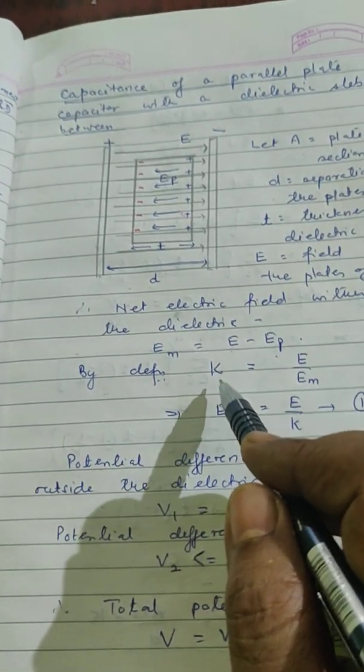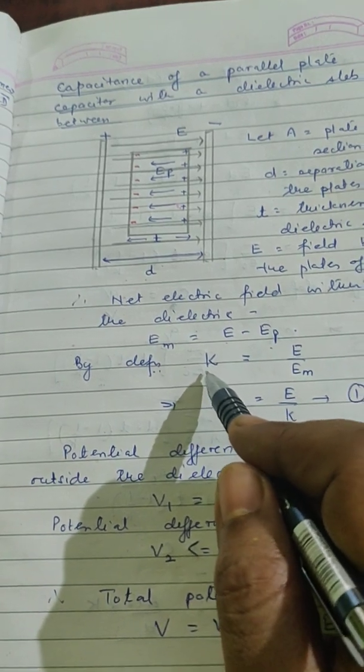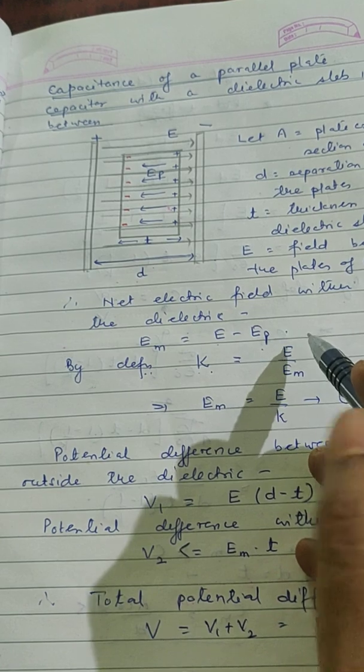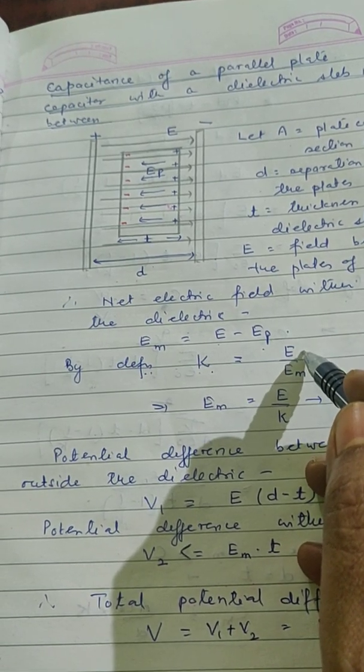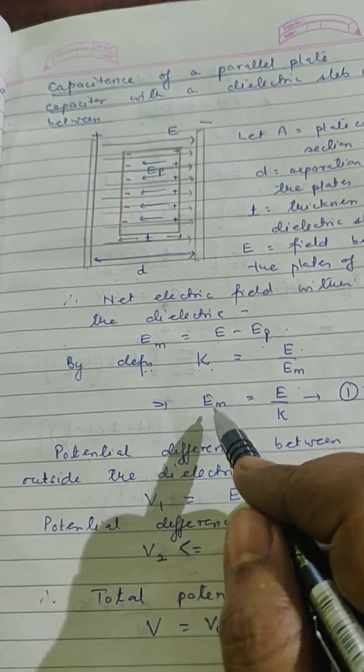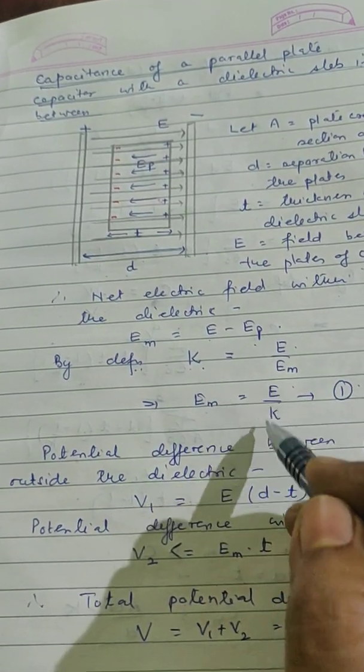And in one of my last lectures, I had written the definition of the dielectric constant K, and one of the definitions was it is the ratio of the external field, that is in vacuum, to the field in the medium. And here we can express the field in the medium as E by K.